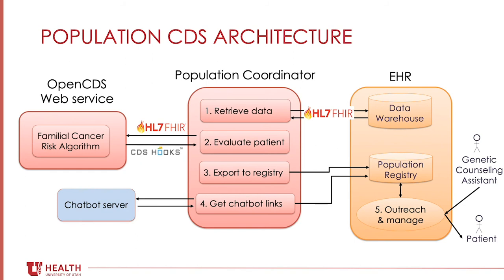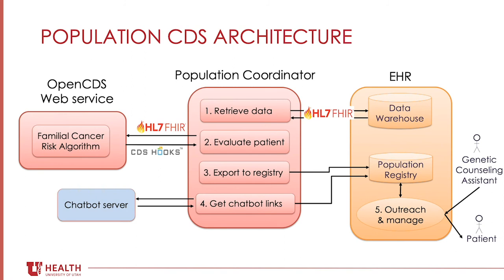It fetches the data using the FHIR standard, and then we evaluate the patients one by one using, again, FHIR to represent the data and the CDS Hooks standard to communicate with an open source CDS web service called OpenCDS. That's where our algorithms have been implemented. The reason to implement it this way is that we separate all the logic, the family cancer risk algorithm, from all the other components.